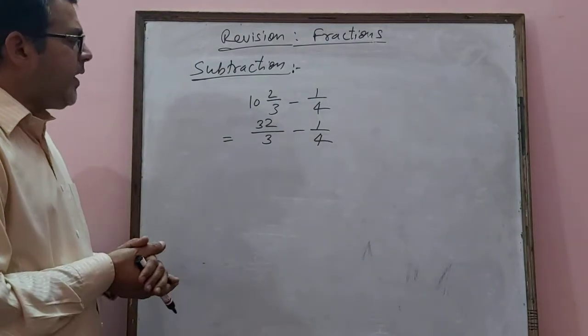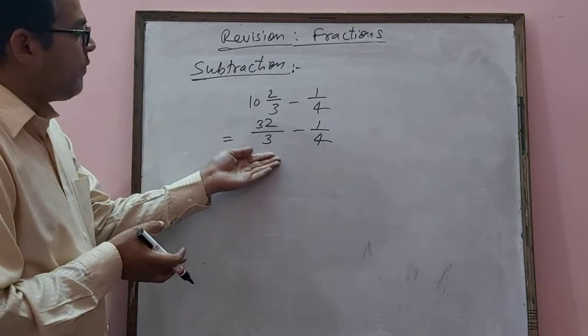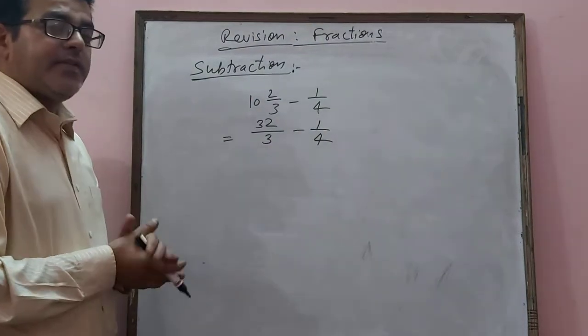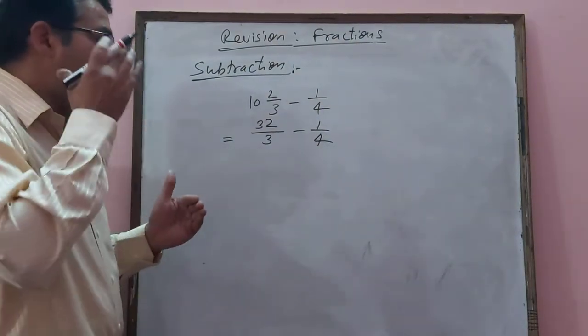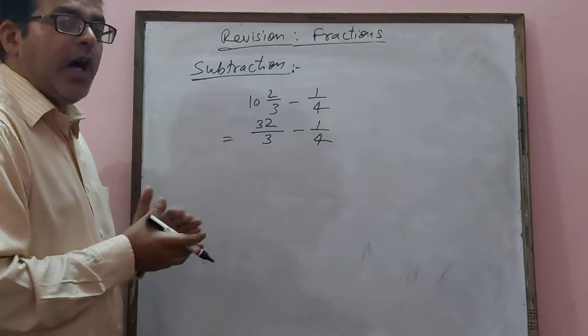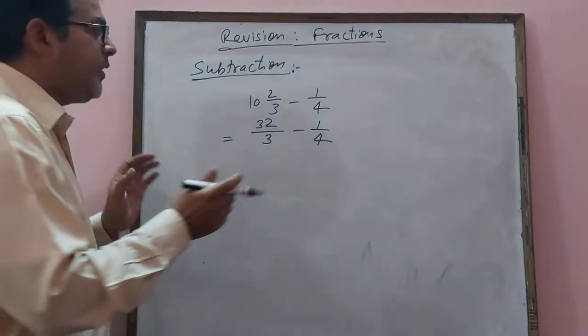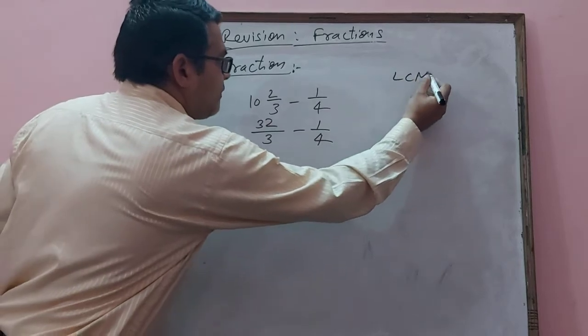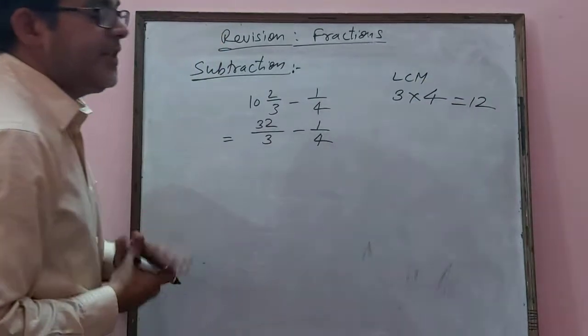So 32 by 3 minus 1 by 4 we have now. Now what to do? See, again these are unlike fractions, their denominators are not same. So first thing is you need to make denominator same. How we can make denominator same? After taking LCM of 3 and 4. LCM of 3 and 4 we know that it is 12.